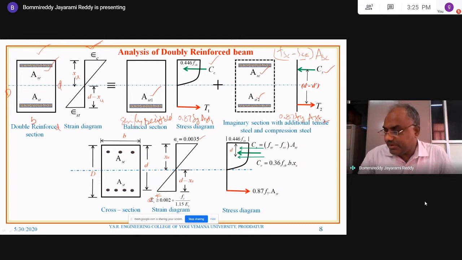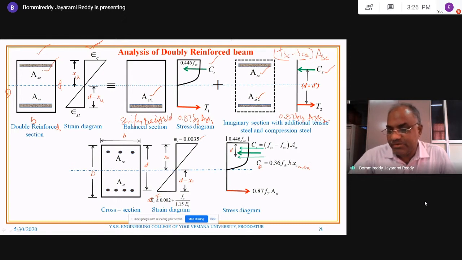So in the case of the singly reinforced section, what you have seen is CC. What is CC? The compressive resistance of concrete is 0.36 FCK B into XU maximum. Why XU maximum? Because it is a balanced section. What is the additional term?